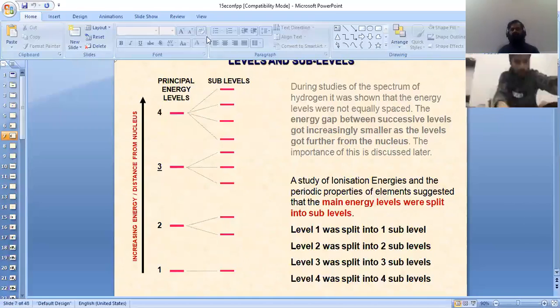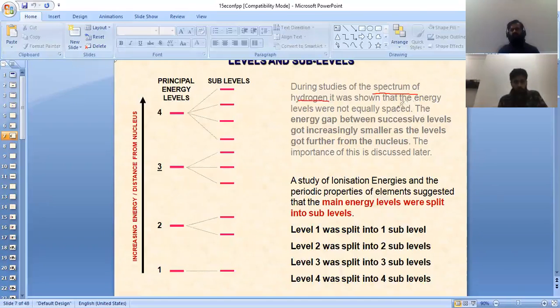Yes, sir. So, Mr. Abdullah, when they studied the spectrum of hydrogen, they observed that the energy levels were not equally spaced. The energy gaps between successive levels got increasingly smaller as they went further from the nucleus.